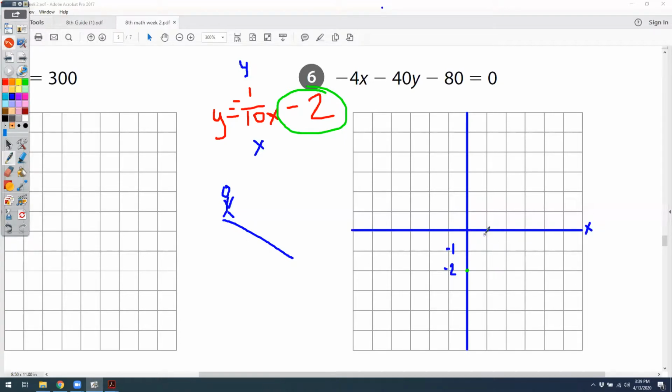You could go by negative 10, like negative 10, negative 20. We could do 10, 20. We won't necessarily do negative because over here it becomes negative 10, negative 20. I was thinking 2s, but that works. So we're starting at negative 2. We're going to go down 1 and then to the right 1.